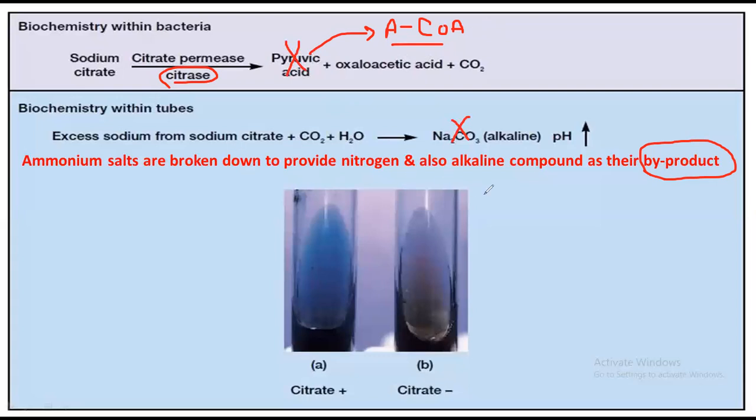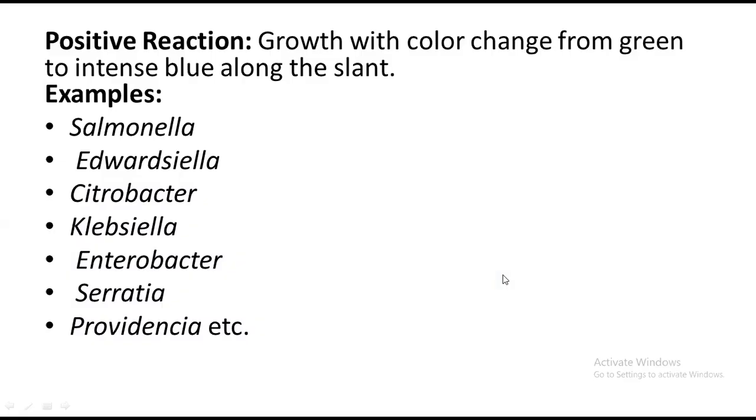That's why no byproduct will form, and if there is no citrate enzyme, sodium citrate cannot be broken down, and there will be no excess of sodium, no carbon dioxide, and no sodium carbonate. So the color of the media will remain green. Keep this in mind.